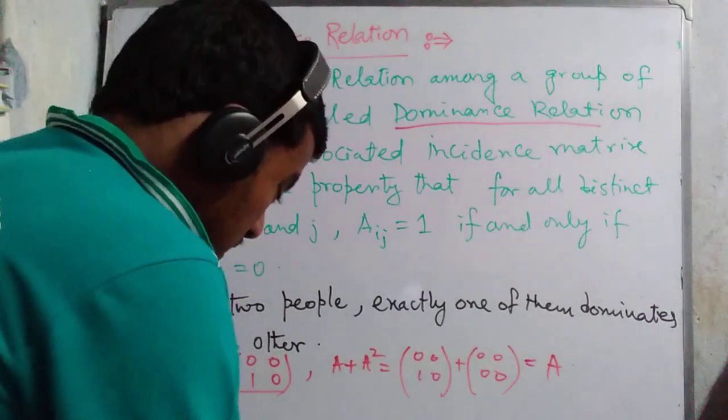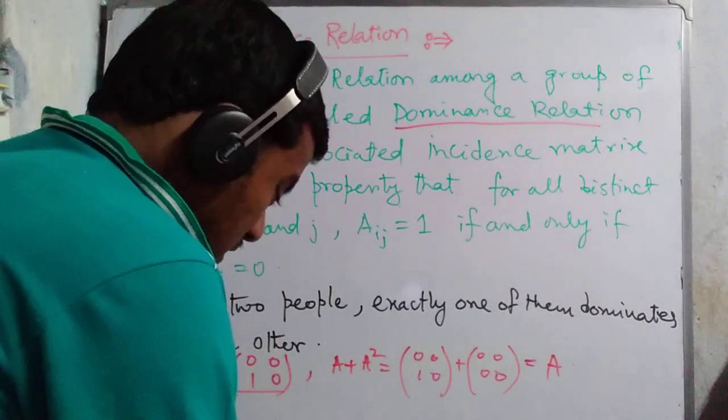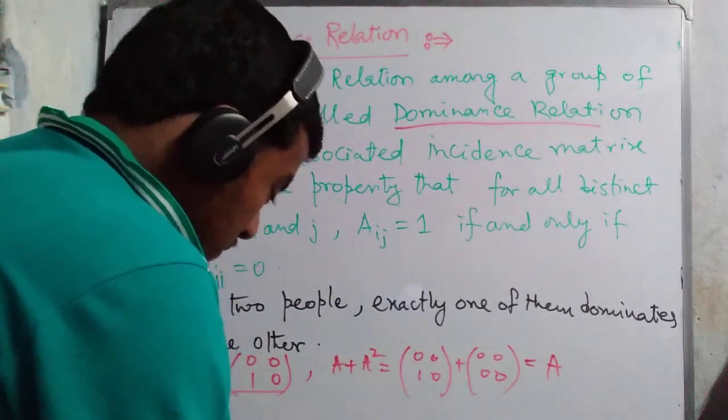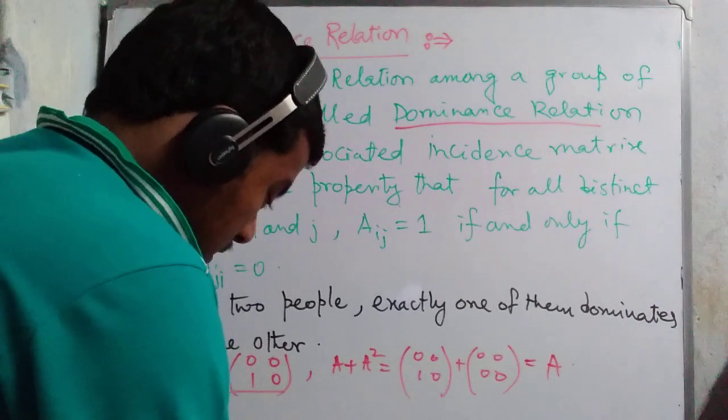For such a relation, A plus A squared has a row in which each entry is positive except for the diagonal entry.